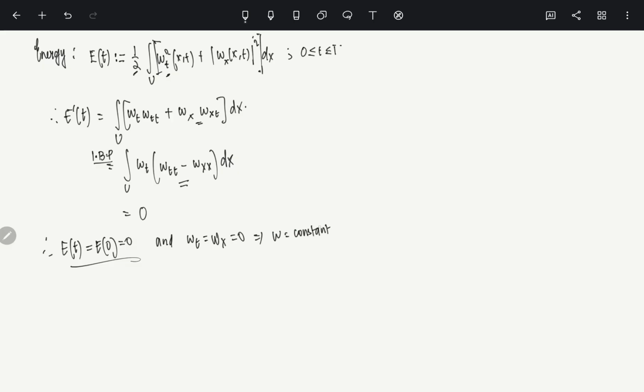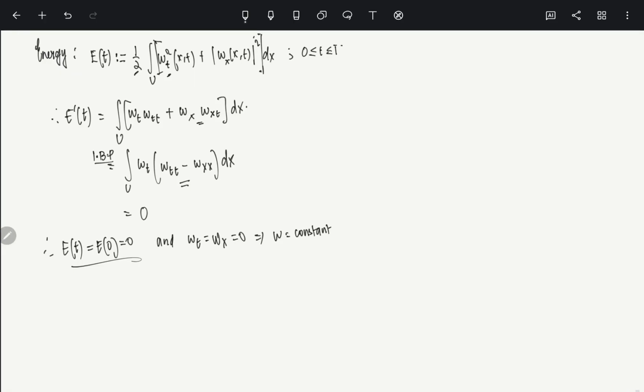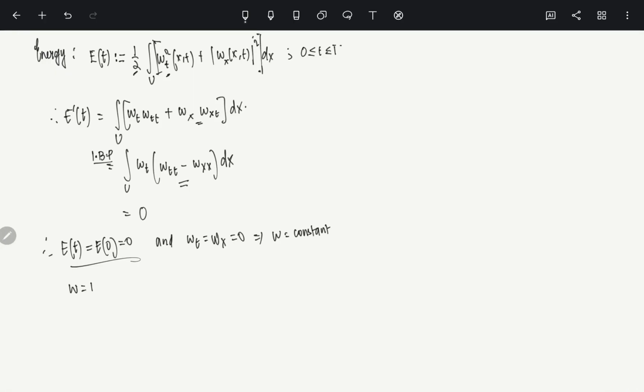But we are given that w is equal to 0 at Ω × {t = 0}, so that will imply that w, which is u minus ũ, is identically 0 in Ω × [0, T]. Therefore u has to be equivalent to ũ in Ω × [0, T]. So uniqueness. Is this okay? This is how you find uniqueness.